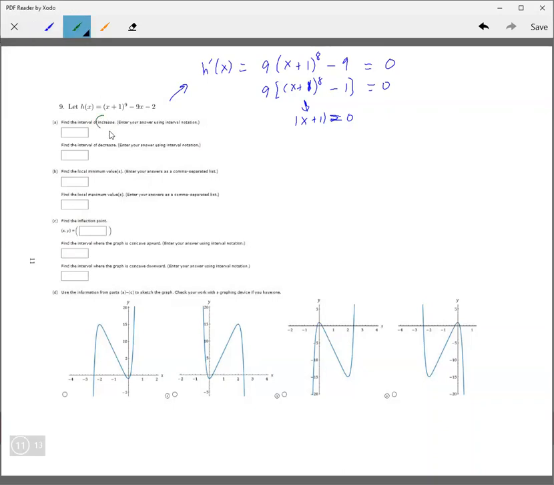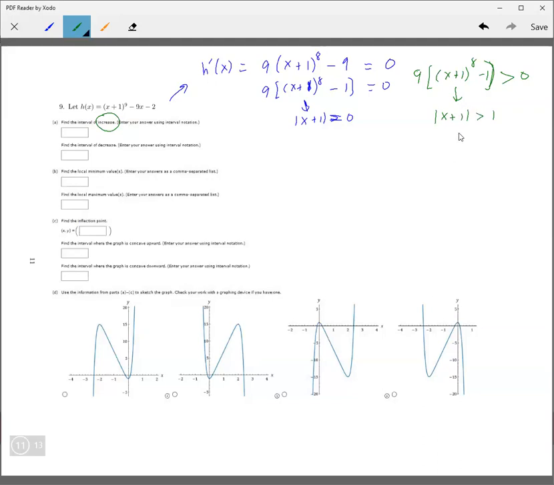Let's do this. Intervals of increase. Okay, so that increase would be where this is greater than 0. And it depends on whether this is greater than 1 or not, which is the same as this being greater than 1.